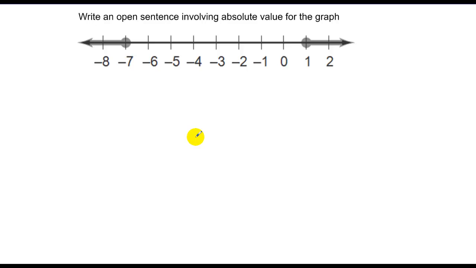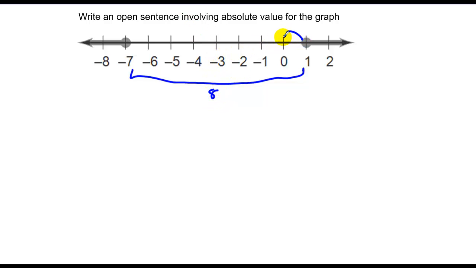Now, if we take a look at a number line and we want to write an absolute value for this, we need our central value and then our variation number on either side. So these are my two answers, but I know that these two answers are equidistant from a middle number. If I look at what number is between 1 and negative 7, here I have a total of 8 spaces, which means 4 is dead center middle.